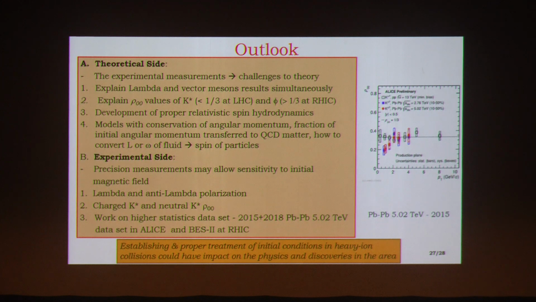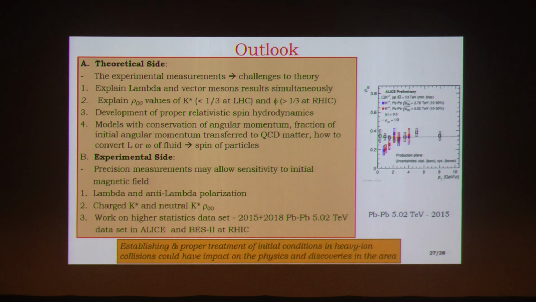And when we are dealing with hydrodynamics, we are dealing with fluid, whereas spin is a sort of property of particles, since finally they hadronize to particles which have spin. So how this transfer of spin happens from a fluid to particles is again another topic which needs a lot of clarity.